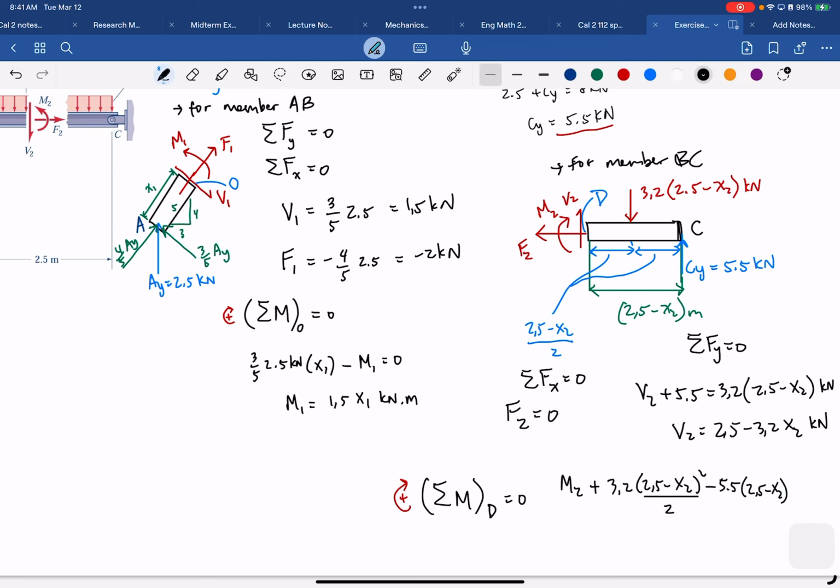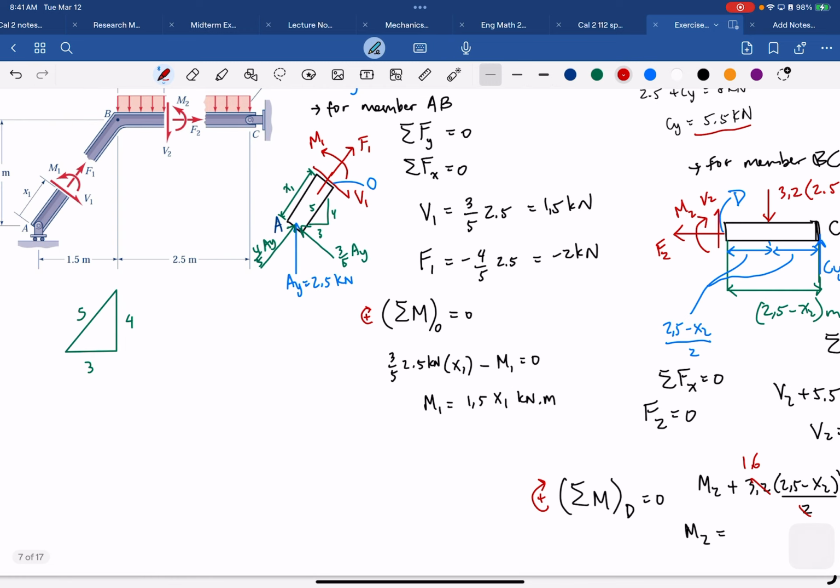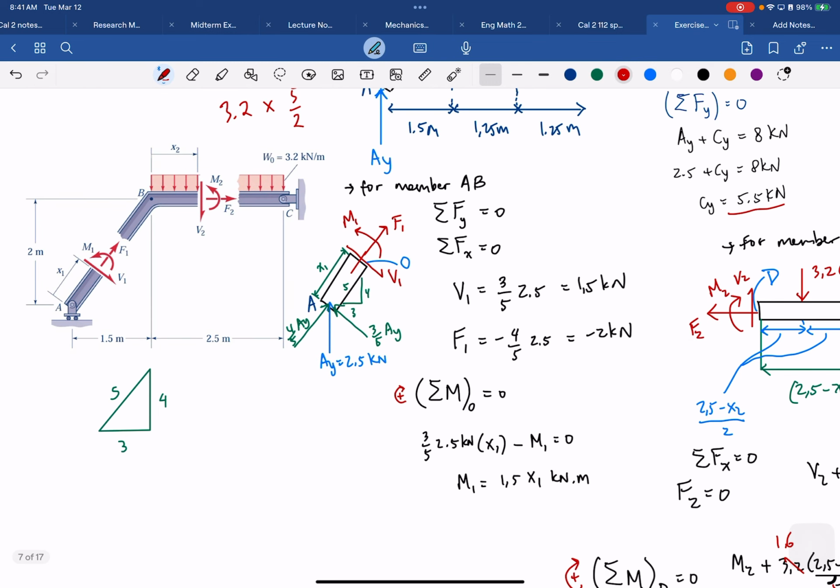So M2 is equal to 0, this will be 1.6. I think you can just use a calculator to calculate this. It has a squared. Also you could check if you use the left part here using the F1.